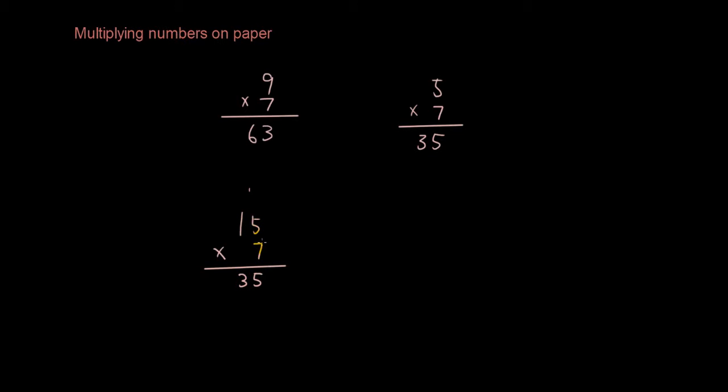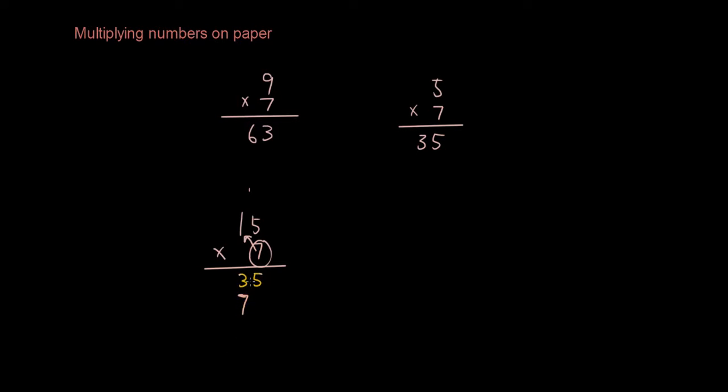So we actually go 7 times the number above it, write the answer down. So 7 times 5 is 35. And then we actually go 7 times the 1. Now 7 times 1 is 7, but I actually write the answer down here.